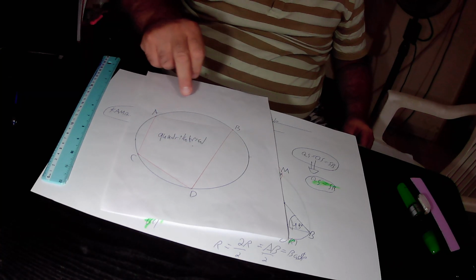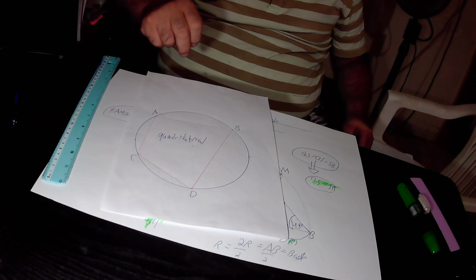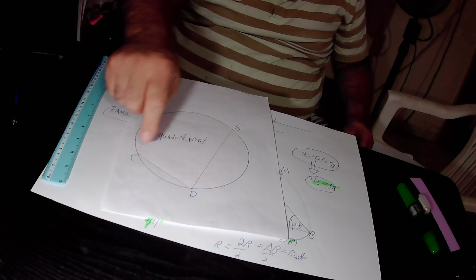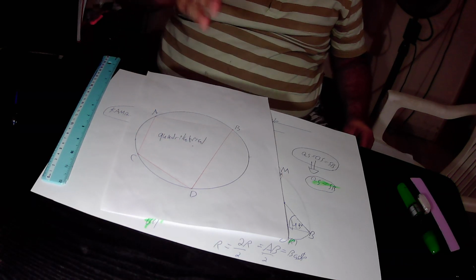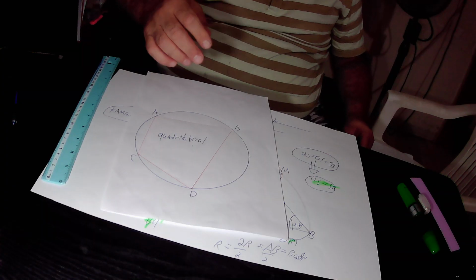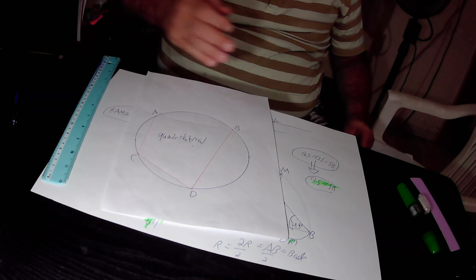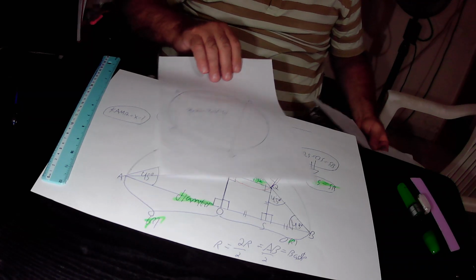This is the red quadrilateral ABCD. All four vertices A, B, C, and D lie on the circle itself. Therefore, quadrilateral ABCD is inscribed by this circle, or it is blocked by this circle. It is a cyclic quadrilateral.